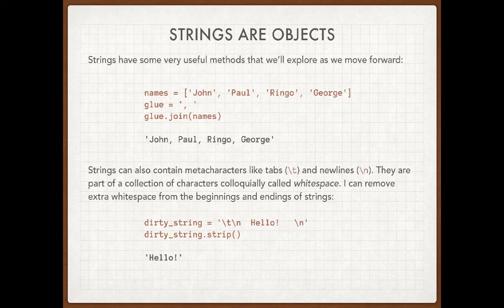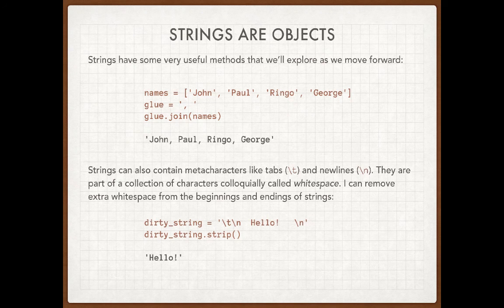And then you'll notice I have a string here called glue. Glue is a comma followed by a blank space. And I'm using glue as a way to join together every element in that list of names. And so now you'll see I get John, comma, space, Paul, comma, space, Ringo, comma, space, George.